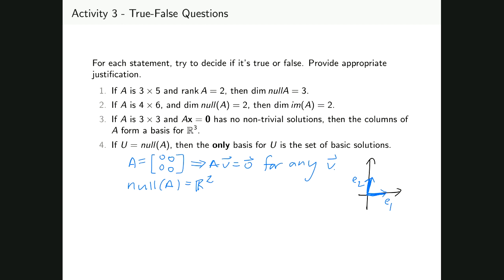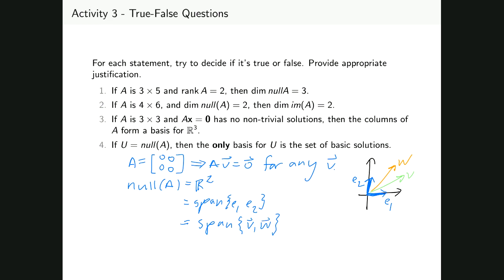So I could also take V and W, non-parallel vectors. They'll span the whole plane. So this null space can be written as the span of E1 and E2, and it'll also be the span of any non-parallel vectors V and W.